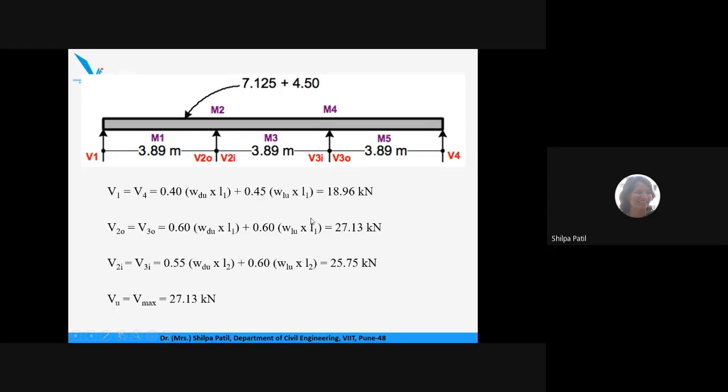By making use of appropriate coefficients, these values are calculated, and out of the three, again we have to adopt the maximum value, which is coming here as 27.13 kilonewton. So our VU is the maximum of 27.13. So in this step, we have calculated the maximum bending moment and maximum shear force acting on a slab.